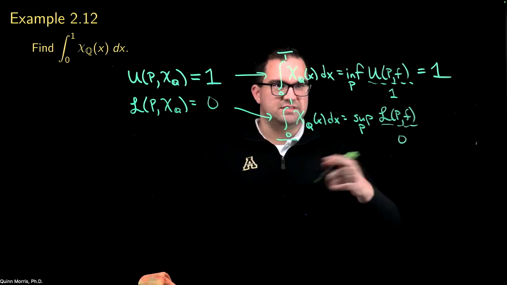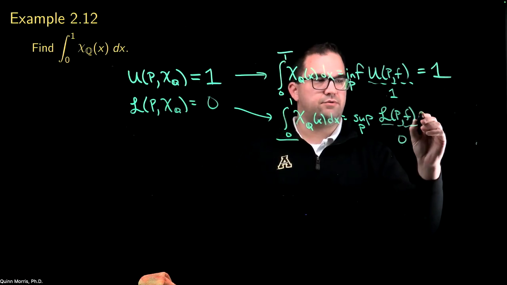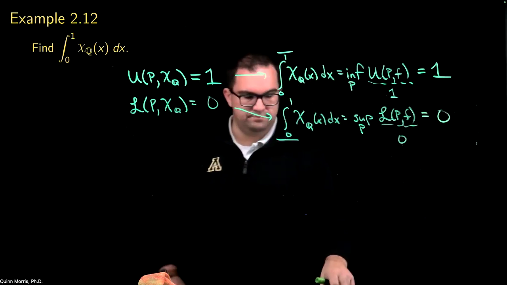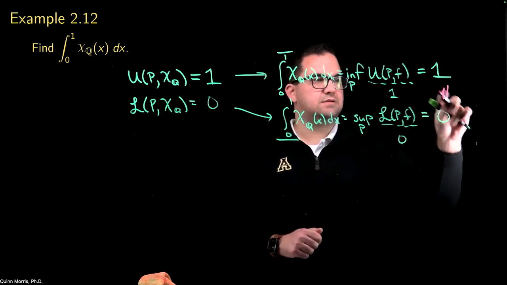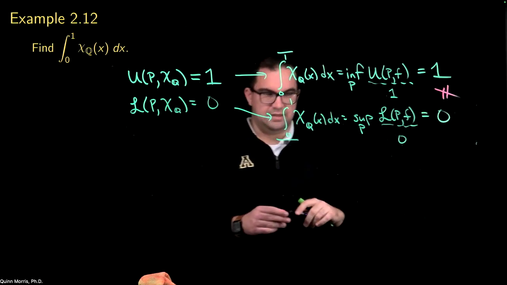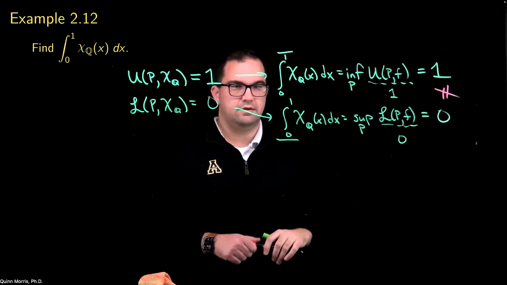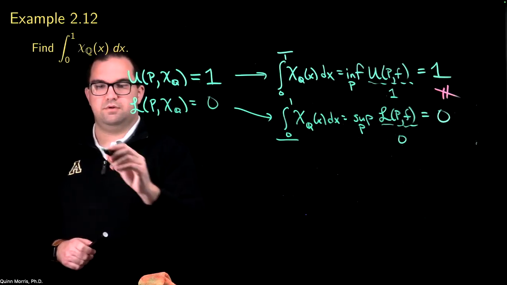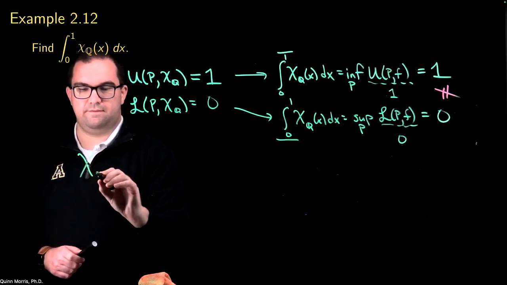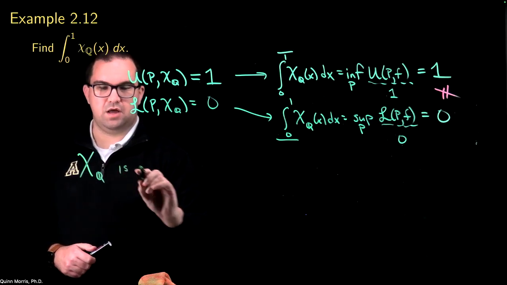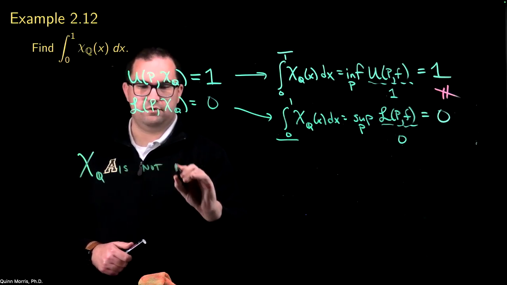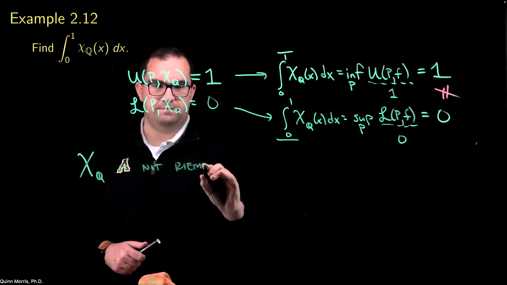So you're taking the supremum of a set which consists only of the value 0, and that is 0. In this case, these are not equal to one another, and therefore this function is not Riemann integrable.